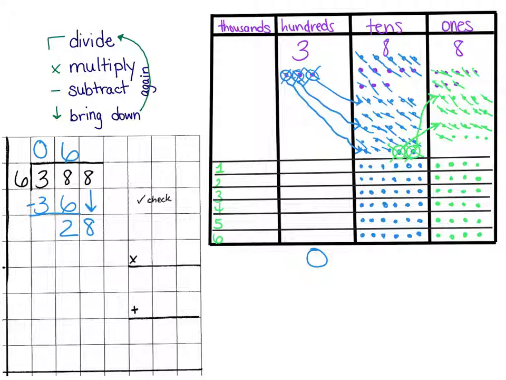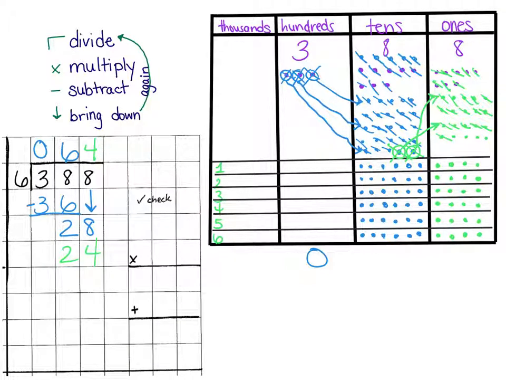So 28 divided by 6 is 4, and we put the 4 on top. Then we say, after we divide, we need to multiply. 4 times 6 is 24.